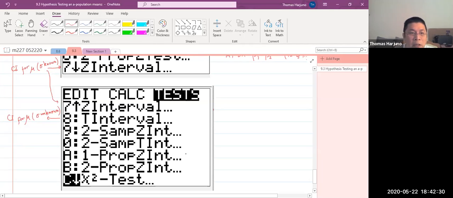Now, this is the confidence interval for P. What I just said earlier, this one here is the confidence interval for mu1 minus mu2 if sigma is unknown.